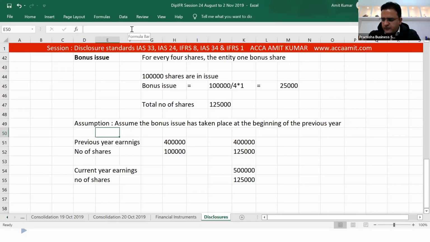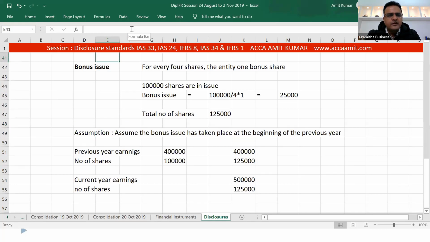This is how bonus issue is dealt with: an assumption for comparison that the bonus issue has taken place at the beginning of the previous year. Since they are coming in without resources, there is no change.